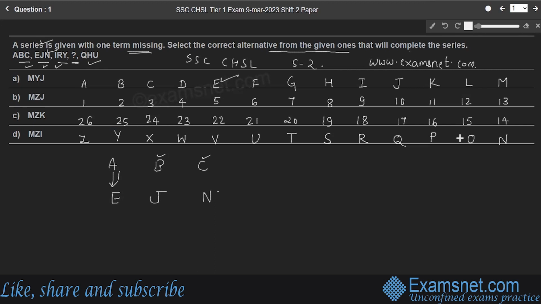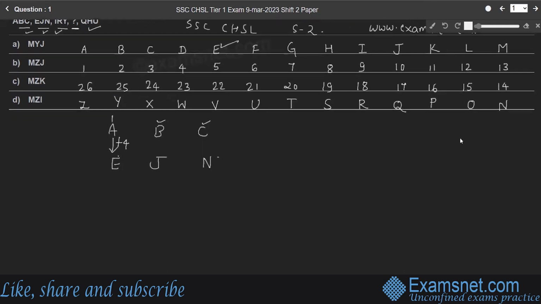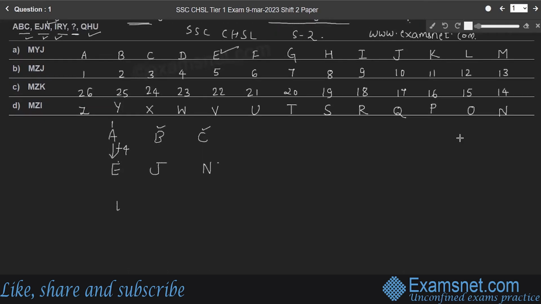So can we write A plus 4 as E? 1 plus 4 is equal to 5. In the third cluster the first letter is I, second one is R, third one is Y. The positional value of E is 5, of I is 9. Therefore, E plus 4 is I. 5 plus 4 is 9.